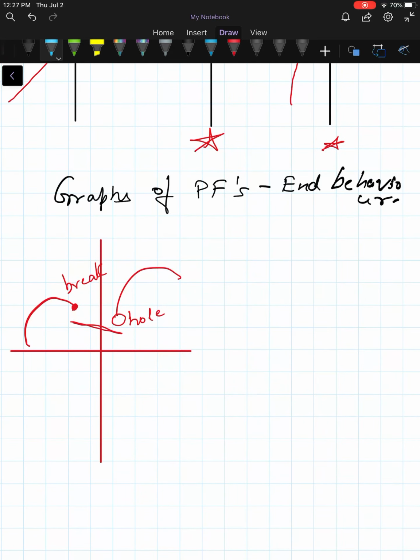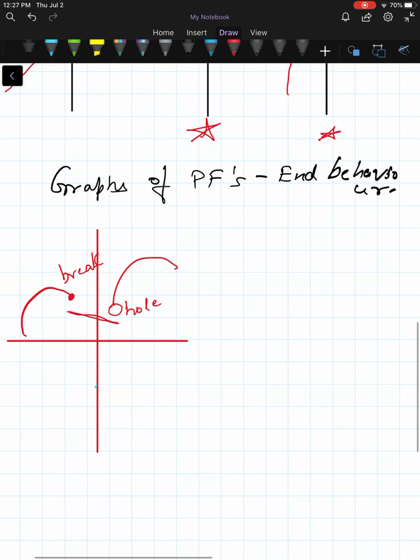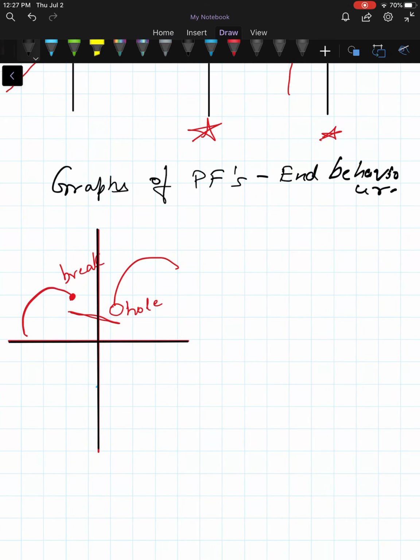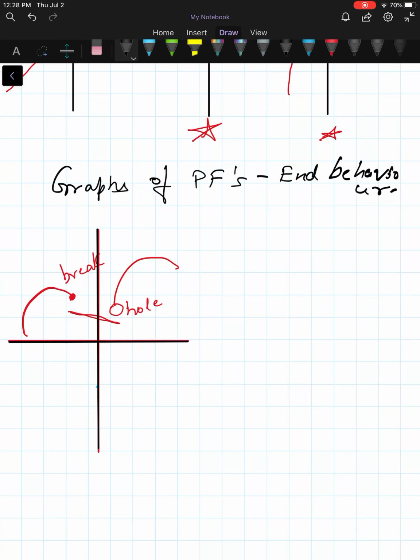If the color is confusing you, the red color part of the graph, that is the lines, represents the graph.